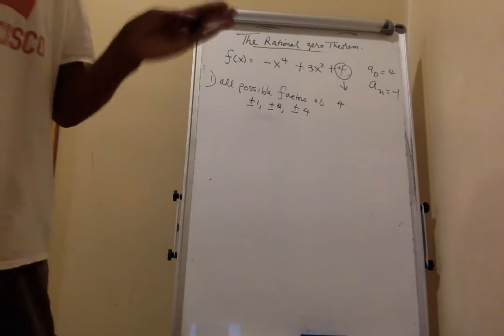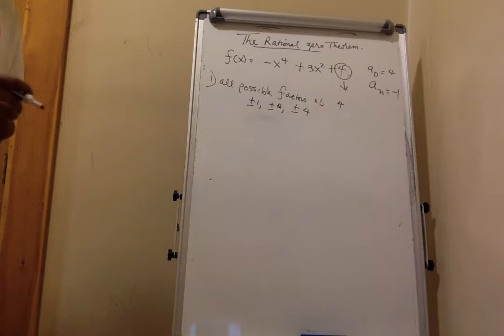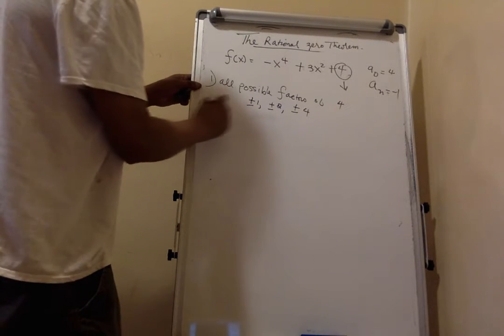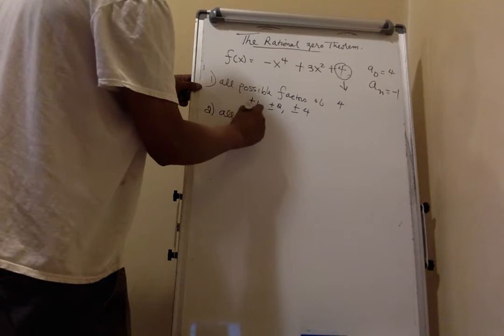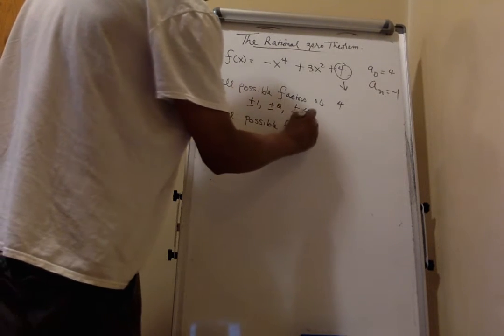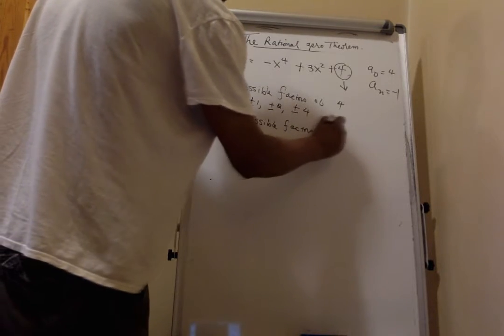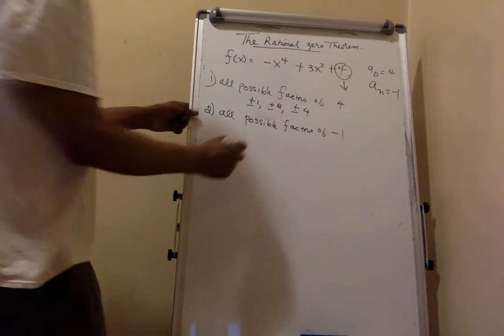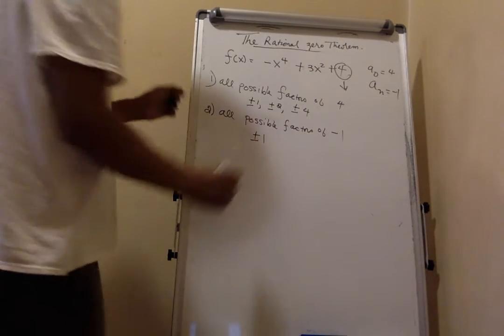I have to list all of them. I can't leave any. And then I'm going to do all the possible factors of my leading term, meaning negative 1. This one is not that hard. The possible factors of negative 1 are plus or minus 1.